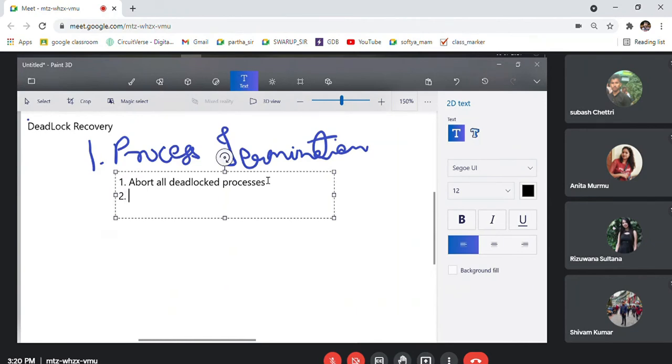Second is to abort one process at a time. Sometimes what happens is, if you have opened three processes, instead of just Google Chrome, all the processes stop working. Like calculator doesn't work, your word file doesn't work, your Google Chrome does not work. Whatever you open, it keeps opening, but it doesn't get closed.